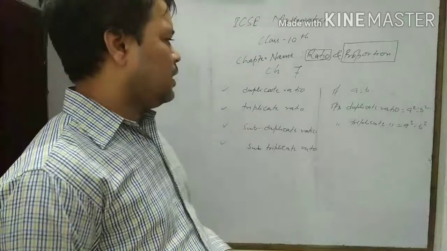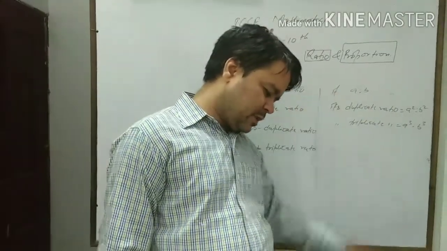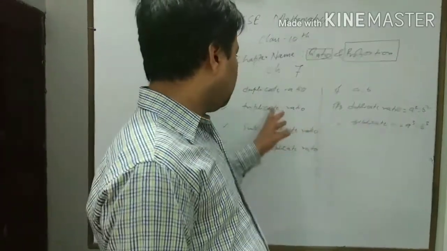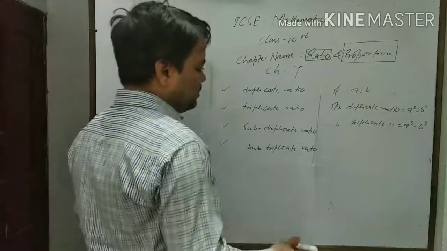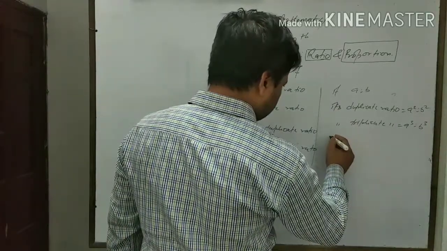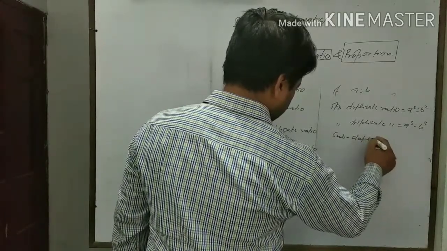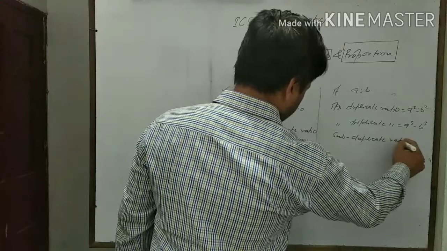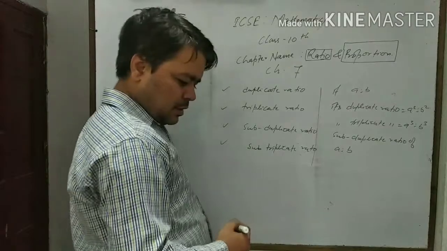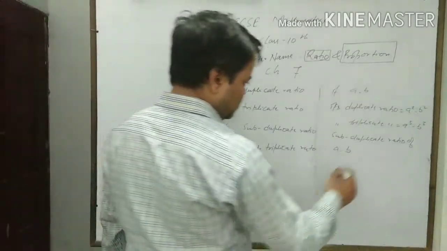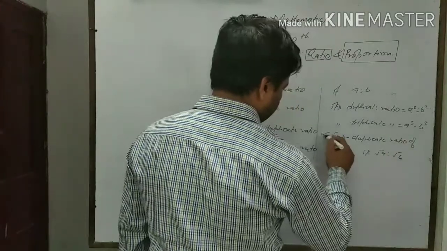If we have a ratio A is to B, then its duplicate ratio will be A square is to B square, its triplicate ratio will be A cube is to B cube, and the subduplicate ratio of A is to B is under root A is to under root B.